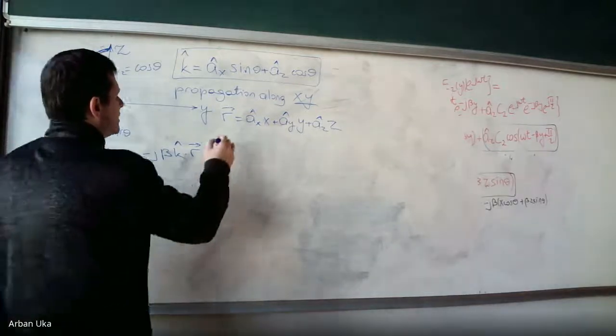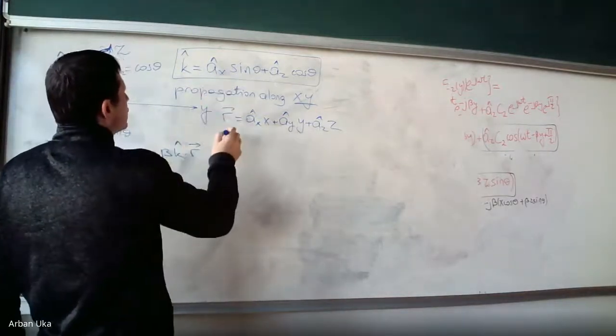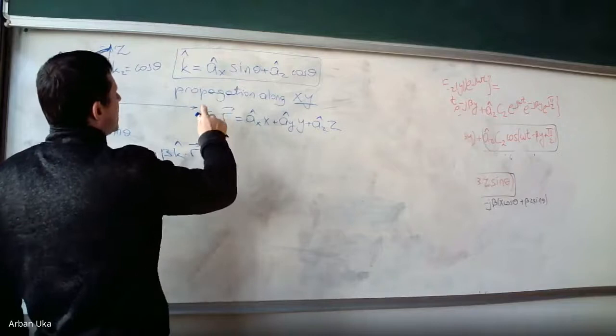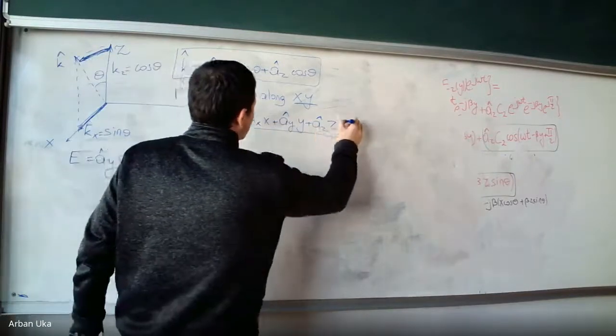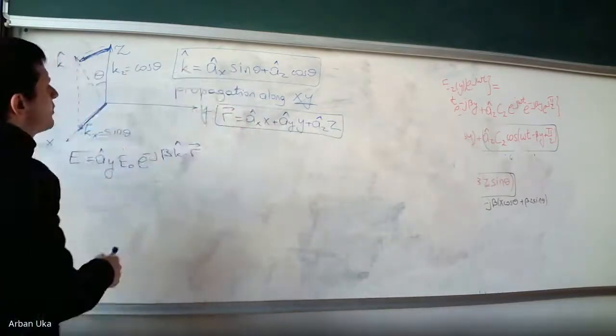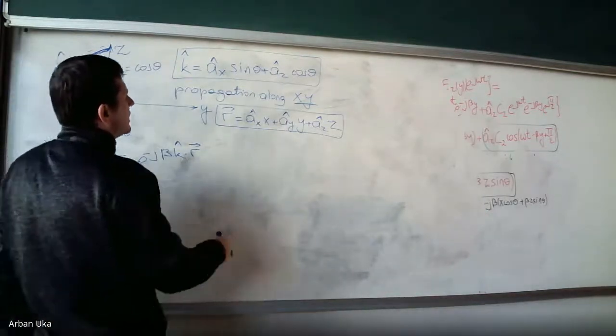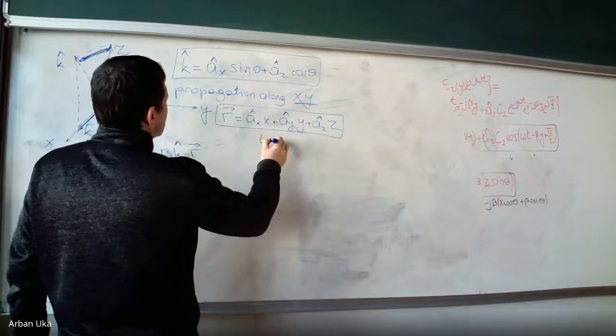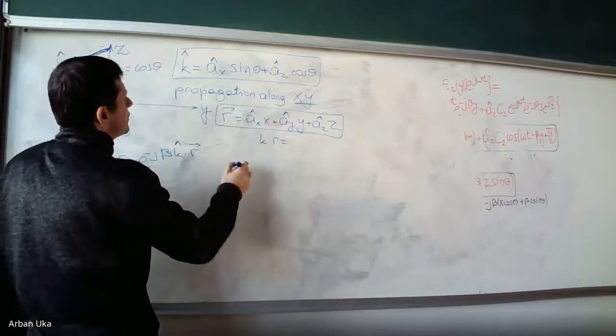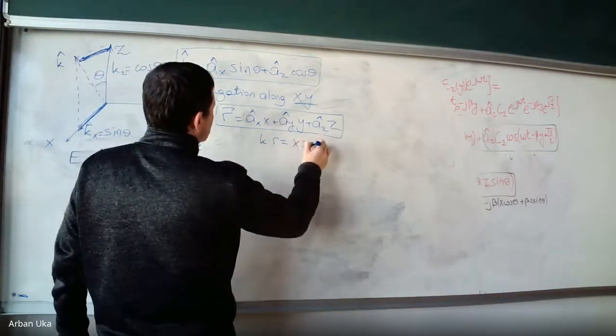If the k is this value, what would be k times r? Can you multiply this quantity, the dot product, with k? We can get k dot r, which would be equal to x sine theta, right?